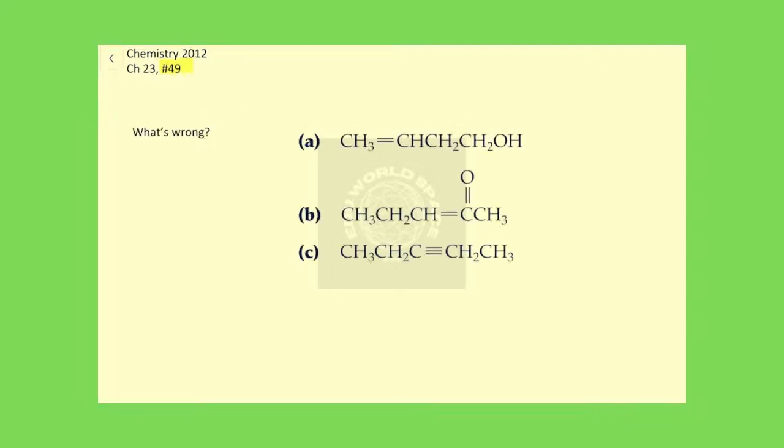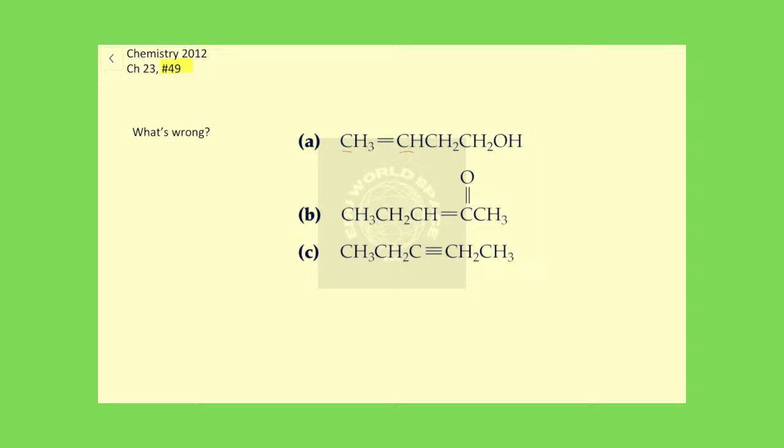For problem 49, we have a set of molecules given in condensed structures, and we're asked to find what's wrong with each. There's one thing that is wrong in each of these, and we have to find that. Starting with part A, we have a carbon double bonded to another carbon here, and we see that this first carbon has 3 hydrogens.